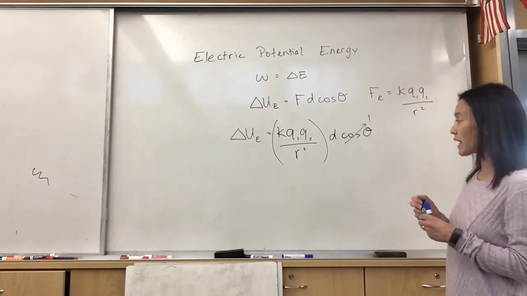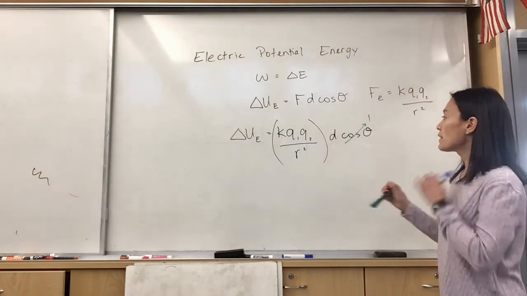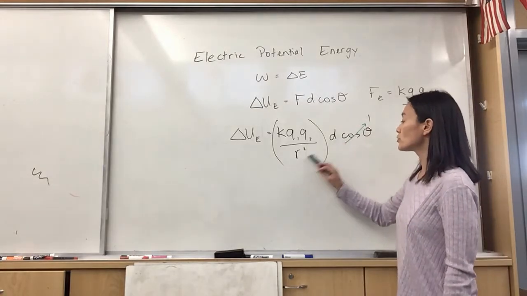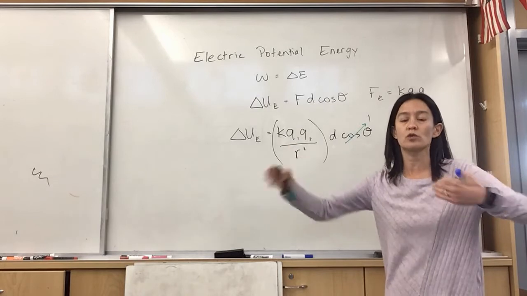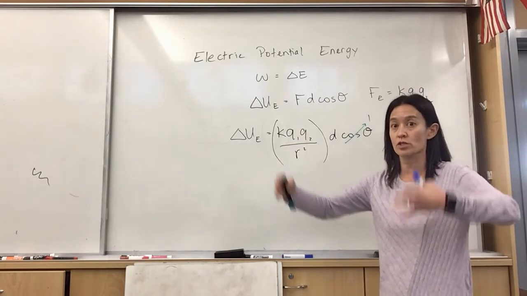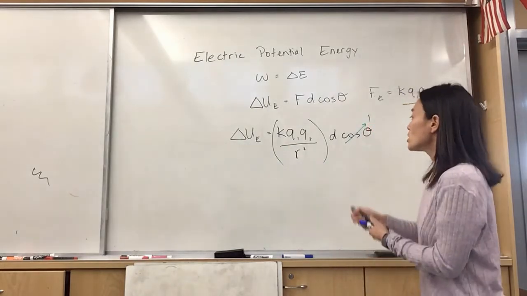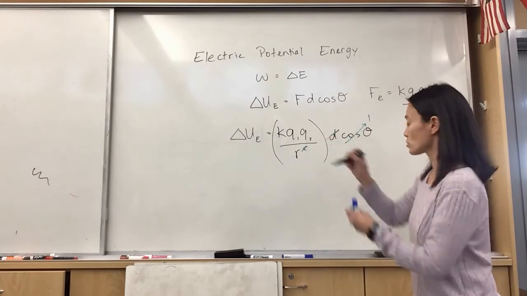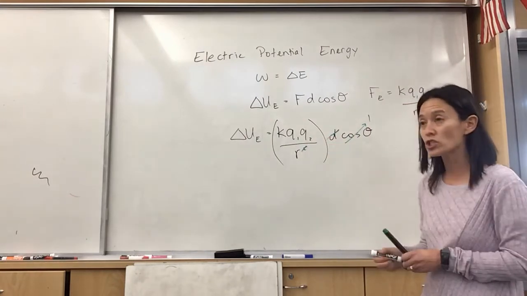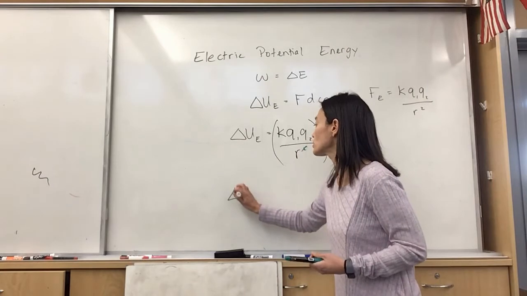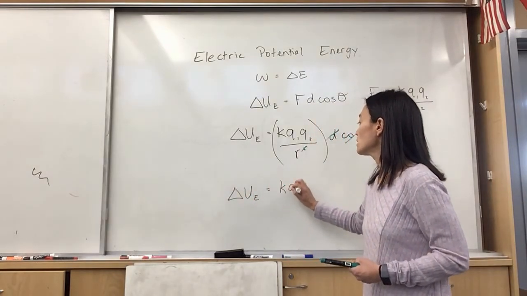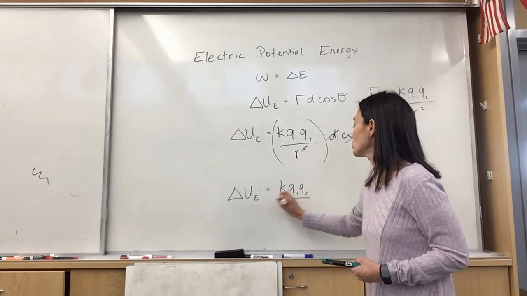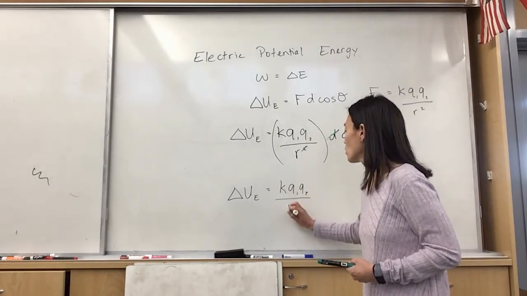The other thing we need to note is that the distance the object moves is the same distance as this r. This r is the distance between those two objects, and the object is just going to move further and further away. So one of these r's goes away, and we get a relationship for the electric potential energy between two charged objects equal to k Q1 Q2 over r.